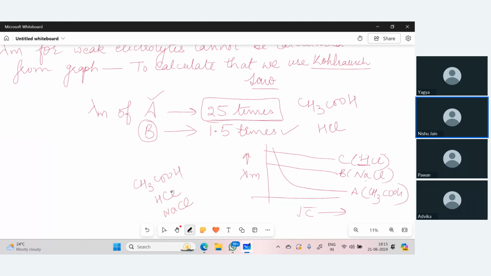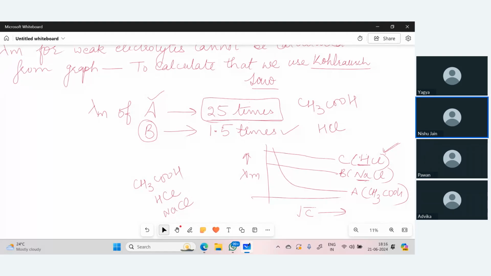Out of H plus and Na plus, which has higher mobility, which can move faster? Smaller the size, more is the mobility. H plus can move faster. That is why higher molar conductivity is for HCl and lower is for NaCl.